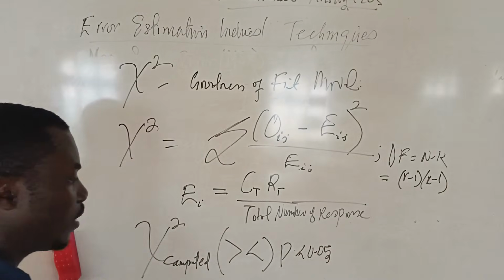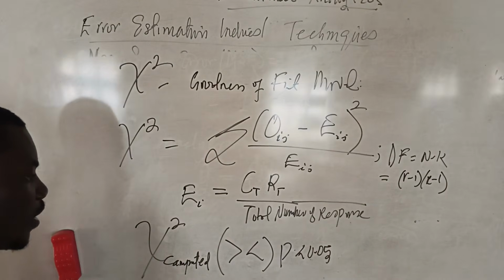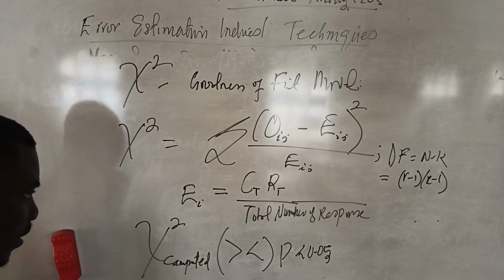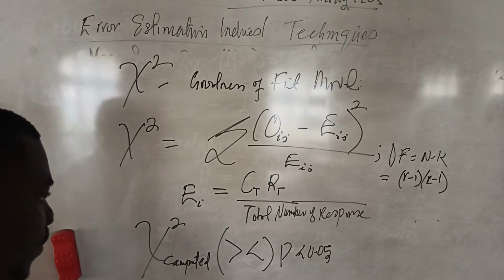If you are taking 0.05 level of significance, that means you give yourself a 95% interval of committing type 1 error.